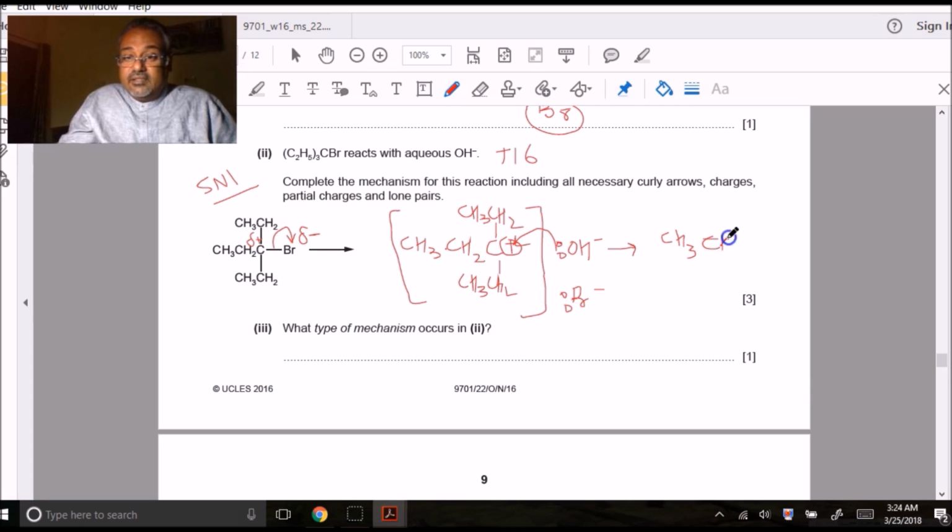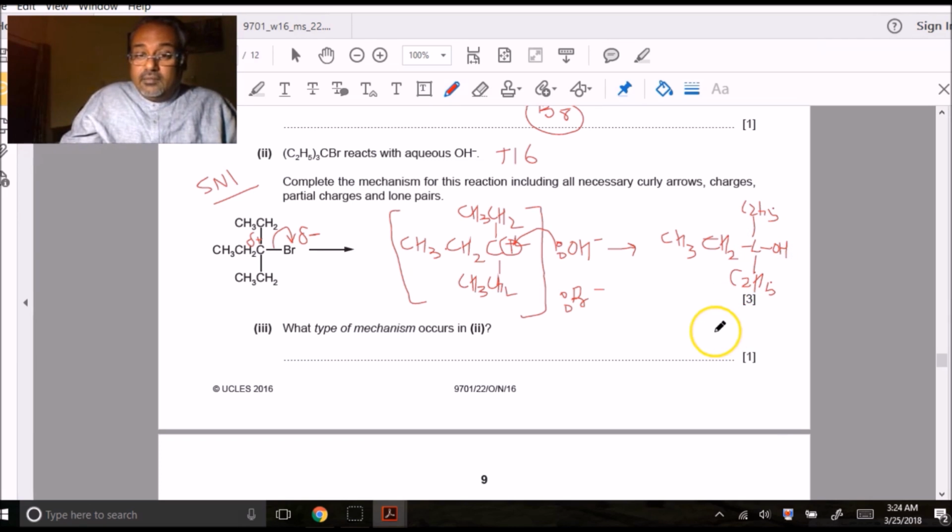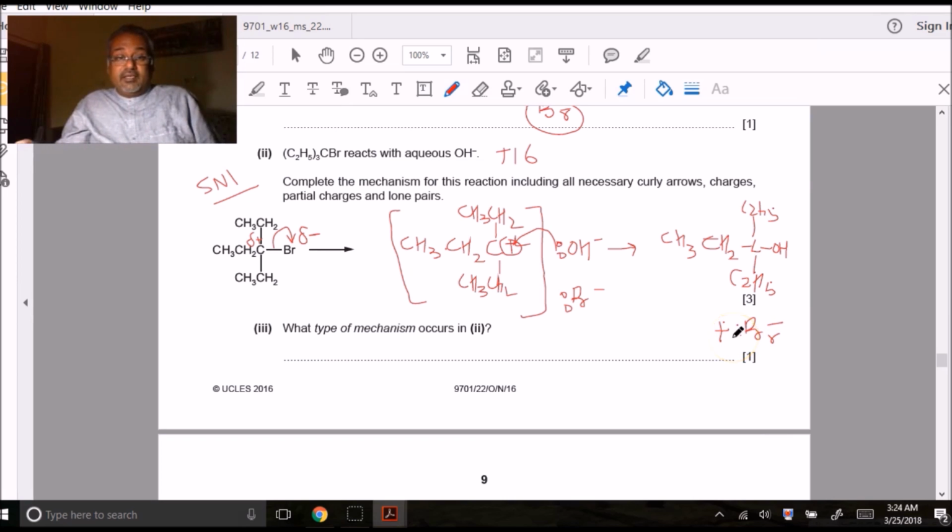So I have a CH3CH2, I'm just going to put C2H5, and this is C2H5, and then the OH comes and connects. Don't forget the Br which has been kicked out is the leaving group.